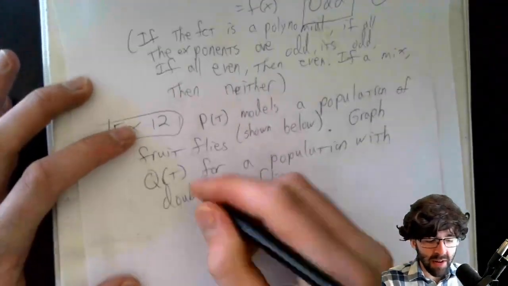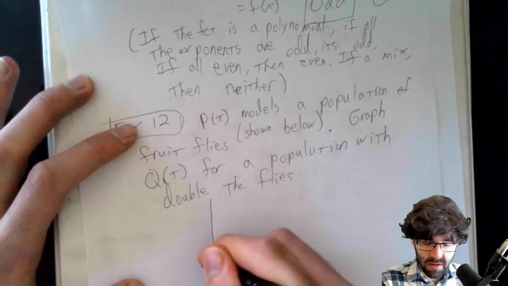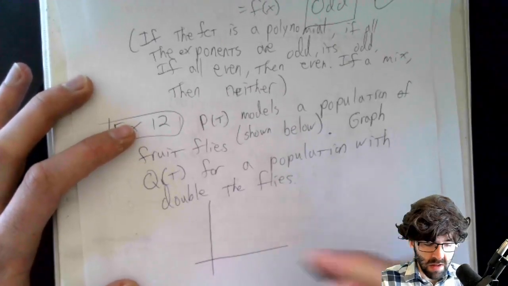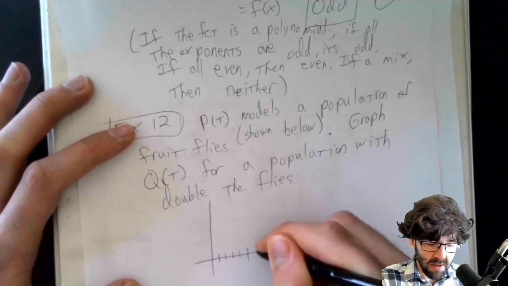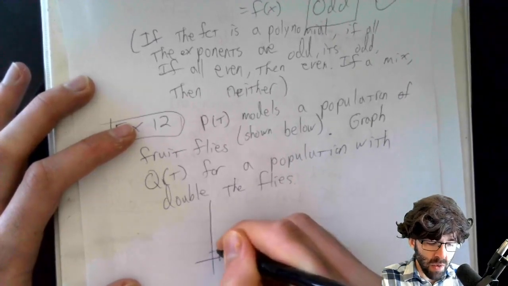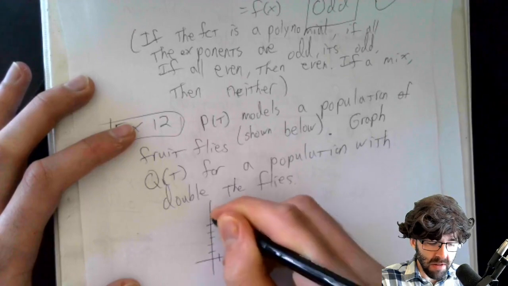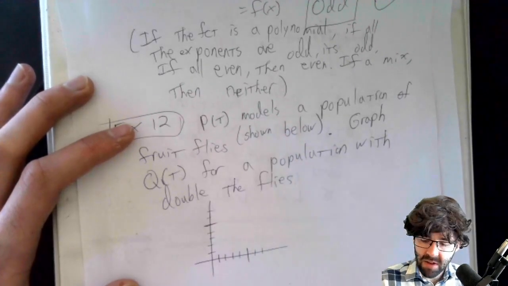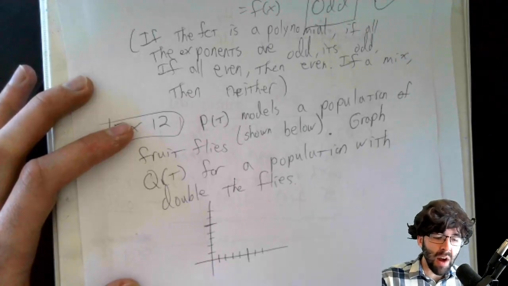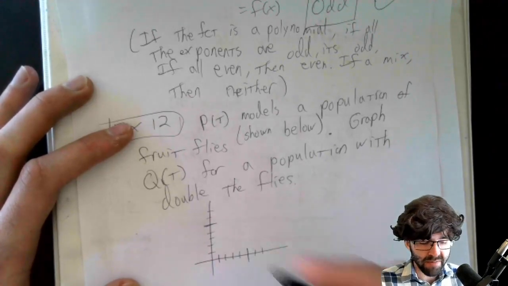So in this problem, I give you the graph. 1, 2, 3, 4, 5, 6, 7. 1, 2, 3, 4, 5, 6, 7. I'll give you this graph, and just like before, you have to graph the doubled population.